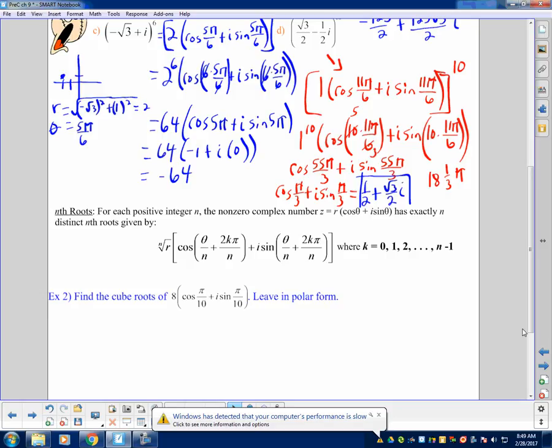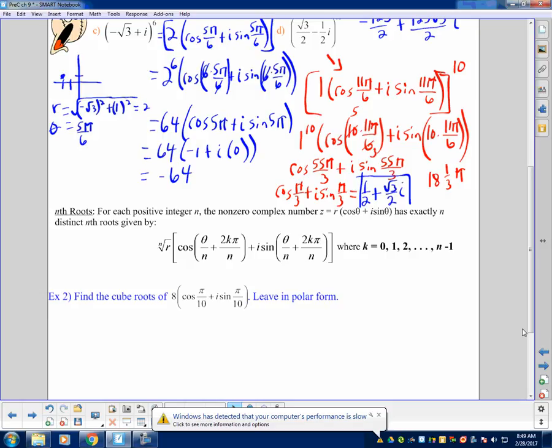So you have to plug in k equal to 0, 1, 2, up to n minus 1. So if you're finding fourth roots, you're going to plug in 0, 1, 2, and 3 and get the 4 different answers for that. That's the only difference between this and DeMoivre's theorem.